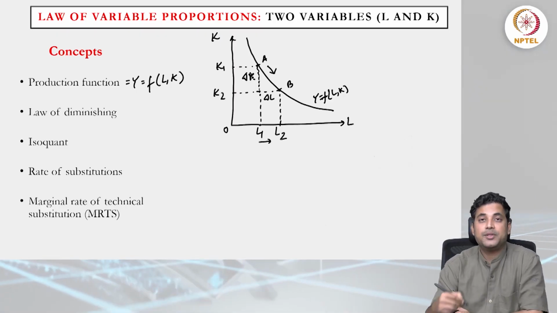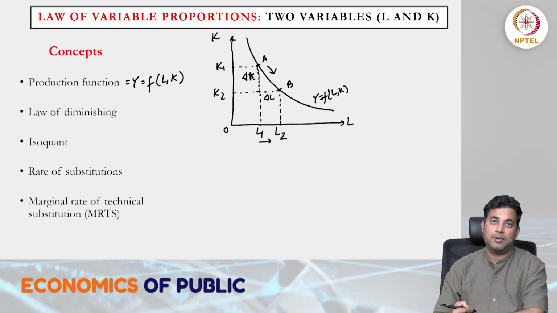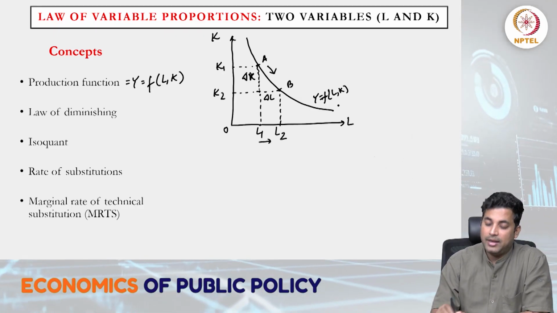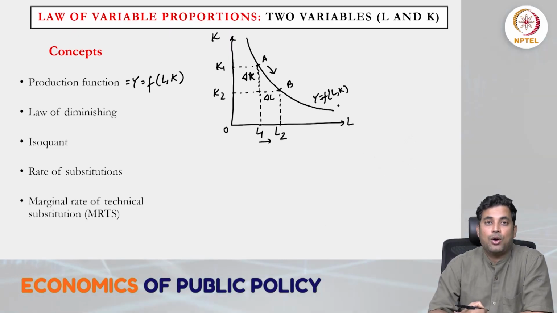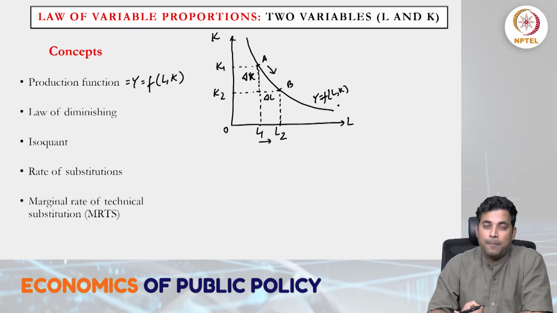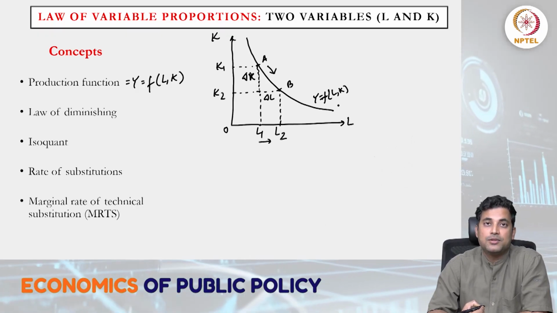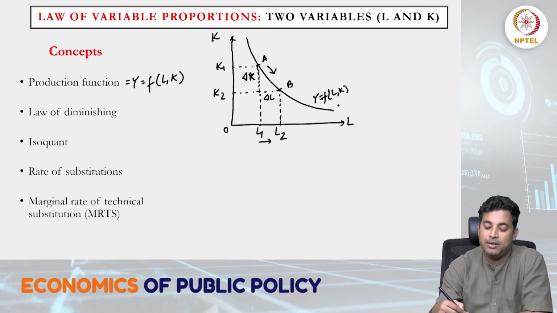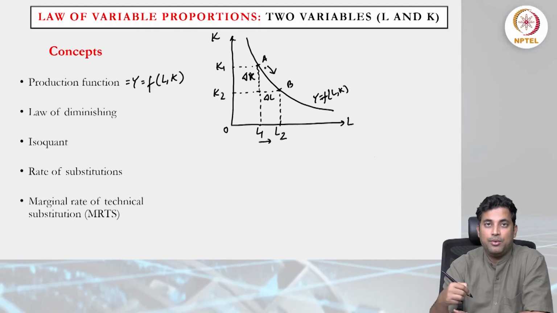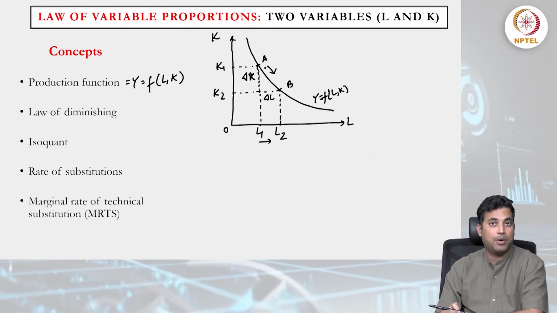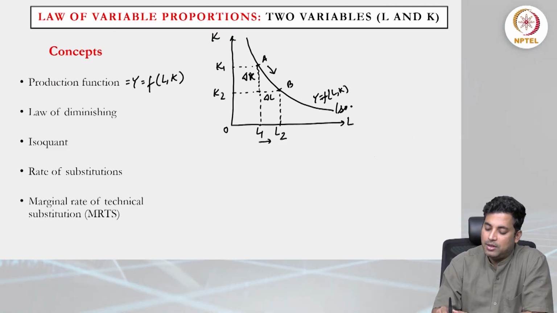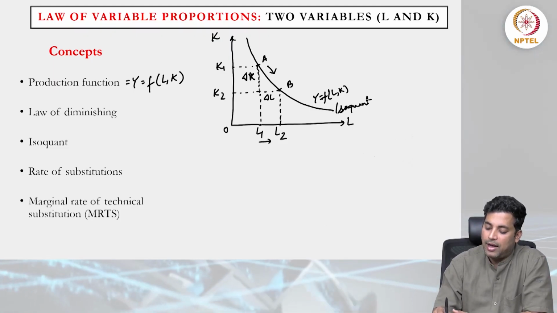But the producer is on the same isoquant curve. In case of utility we used the indifference curve to explain the marginal rate of substitution and the movement between A to B and B to A. In case of the production function, we are actually using the isoquant curve, as you know.